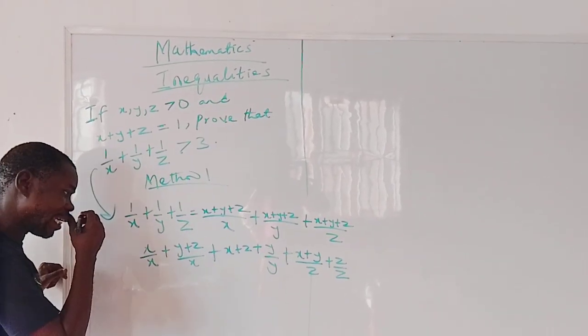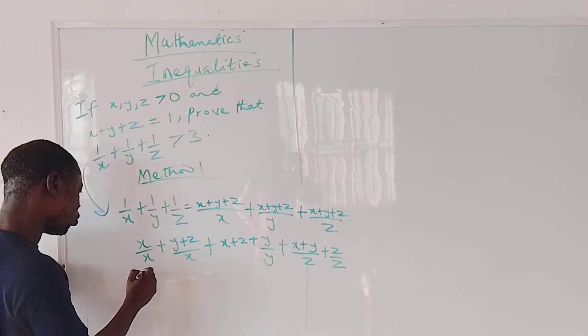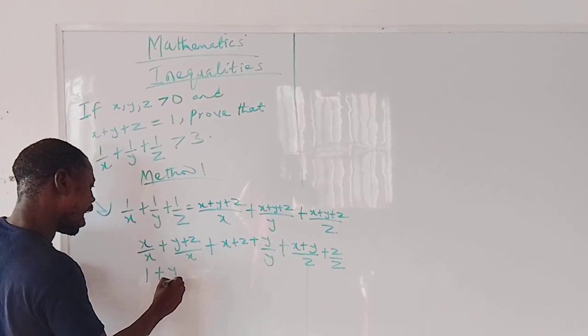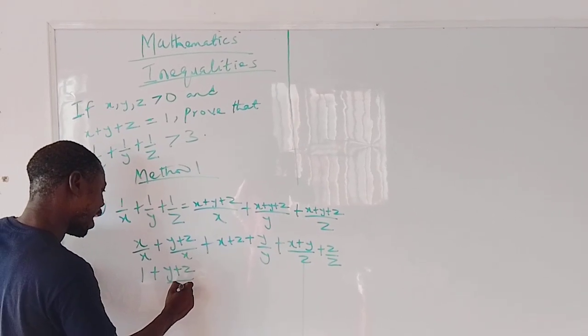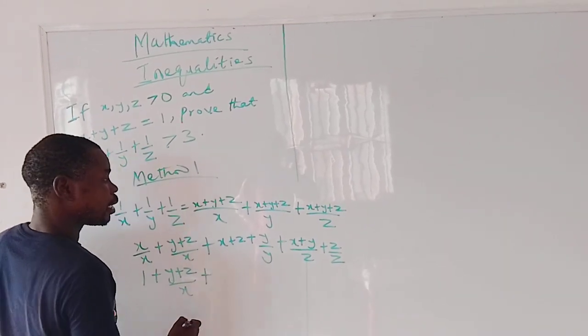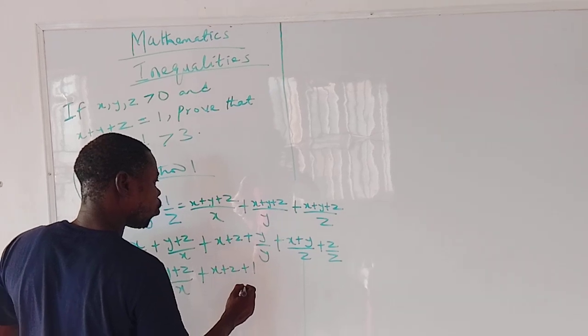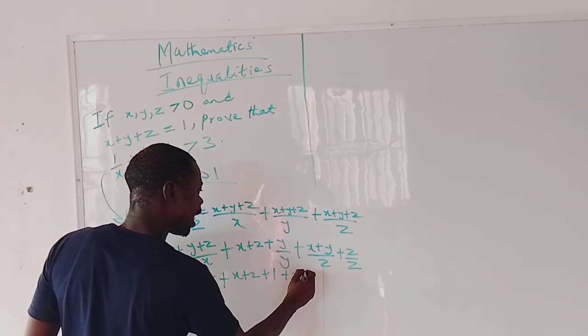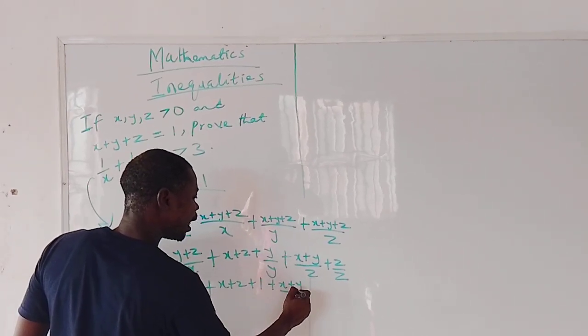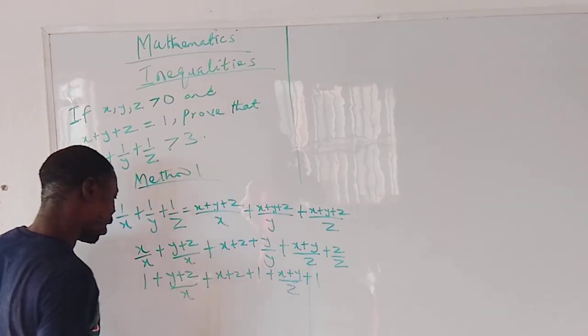So I can now say that x over x is equal to 1 plus y plus z over x plus, now x plus z plus y over y, where y over y is equal to 1, plus the last one is x plus y over z, then z over z is also equal to 1.